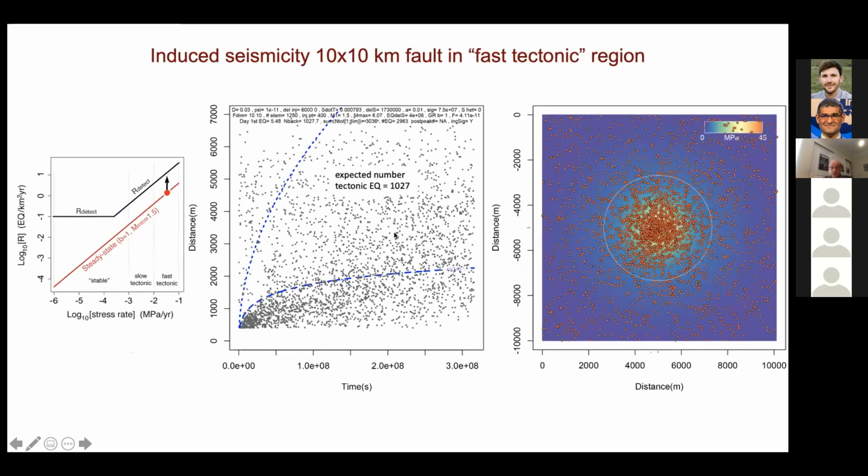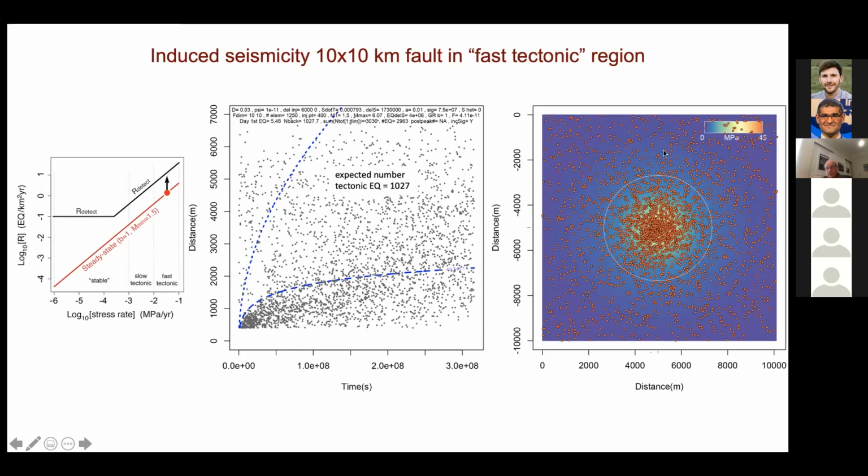And then finally, for a highly active tectonic area, we see a very high level of background seismicity, roughly 100 events per year on a 10 by 10 kilometer fault. And again, this is the threshold for detectable induced seismicity. It kind of gets lost out in here.